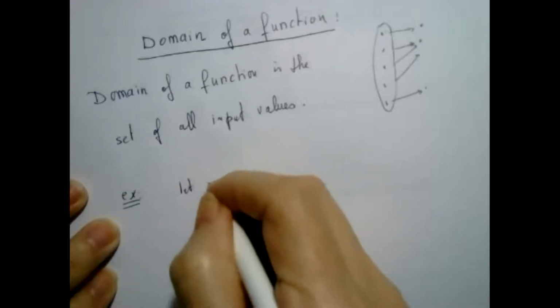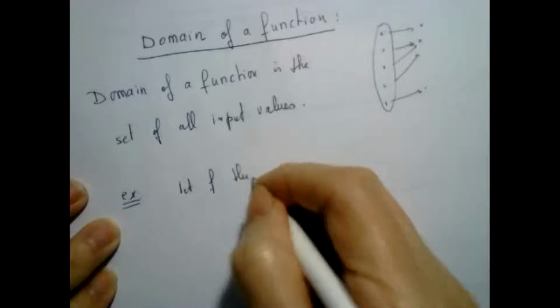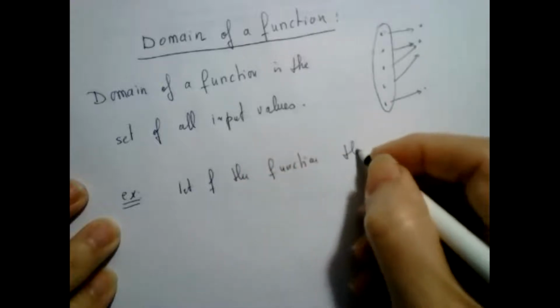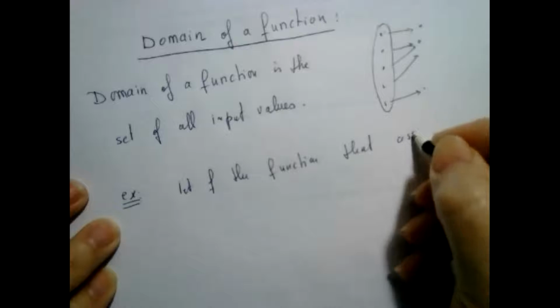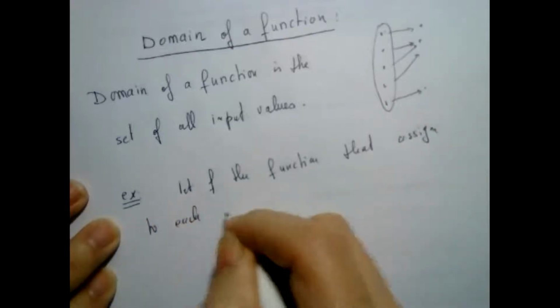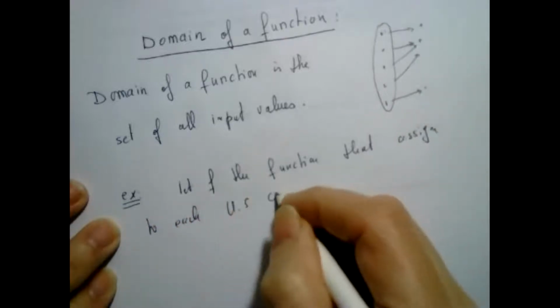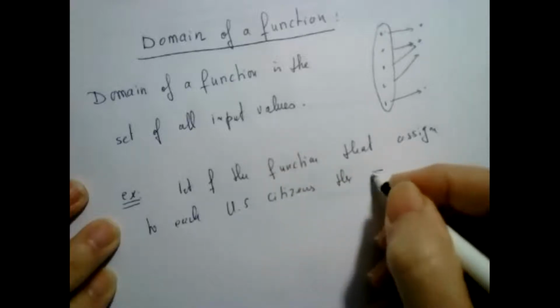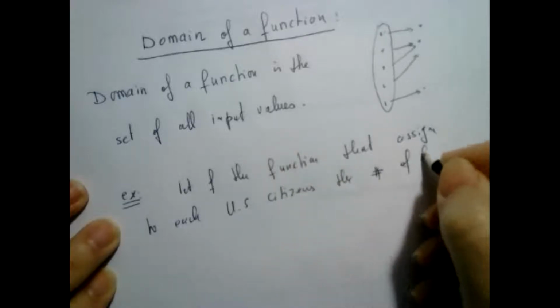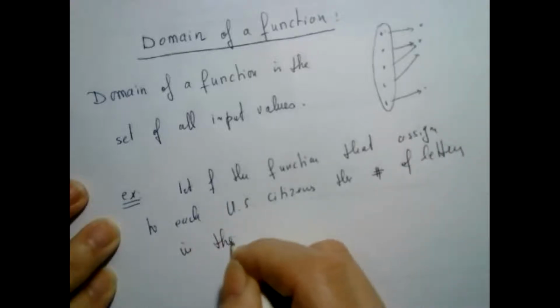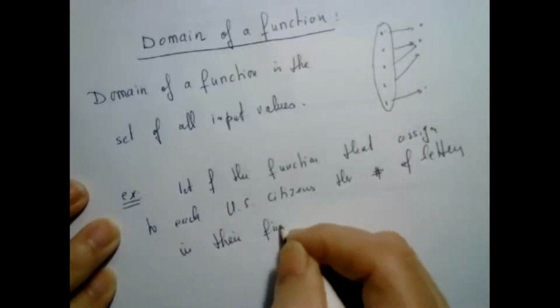Suppose I say, let f be the function that assigns to each US citizen the number of letters in their first name. That's the problem we talked about last time.